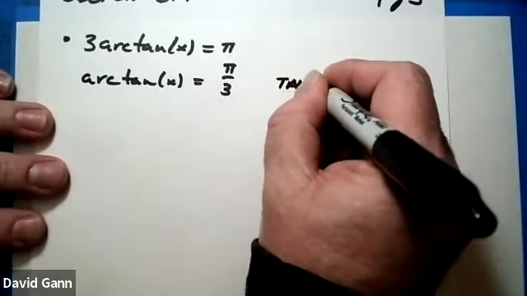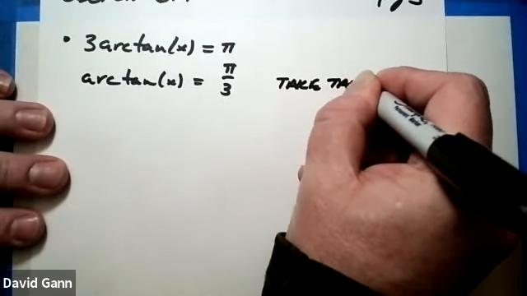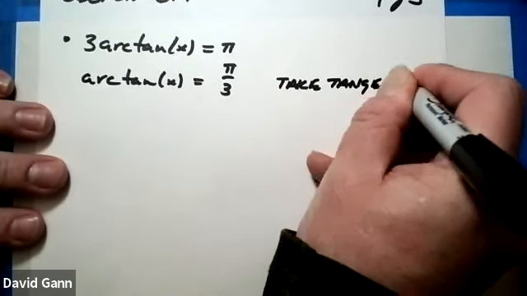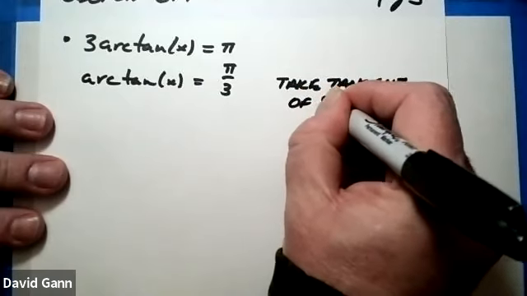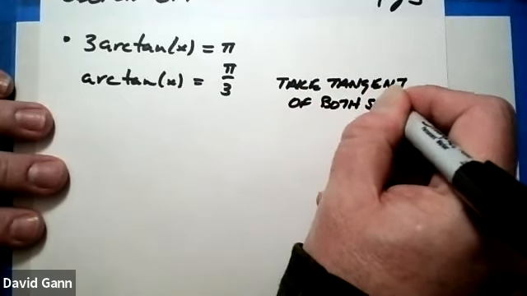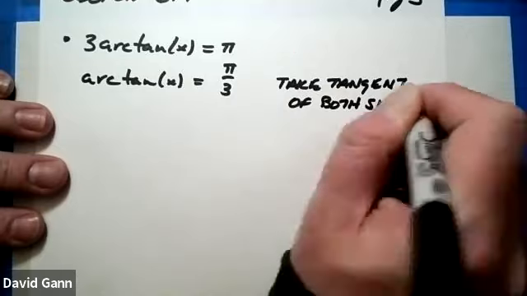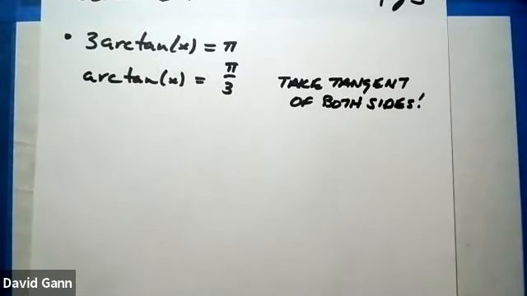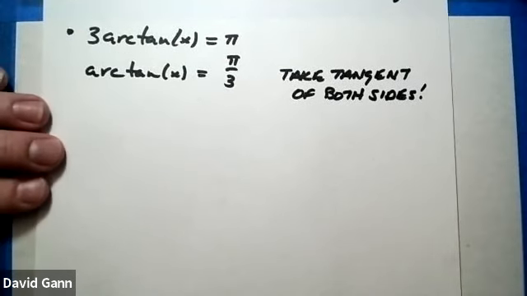So what we're going to do here is take tangent of both sides. This is going to be the strategy that we use on all these problems: we'll either take tangent, cosine, or something of both sides, but they do get more complicated. This is actually a pretty simple problem.